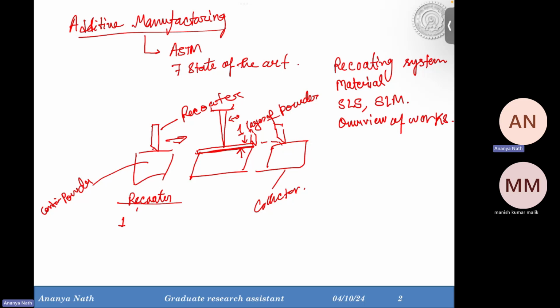Okay. So first is the recoating system. So the recoater will have a big arrangement, with screws, nuts, bolts, and different attaching elements. And this is the blade.